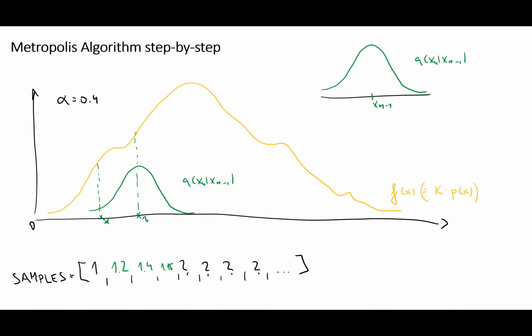That's not that low, but definitely before we had 60 and 100. So we will play the roulette, and suddenly we see that we are not so lucky. Because this randomly generated number is higher than the alpha, we will stay at the x3 where we currently are.